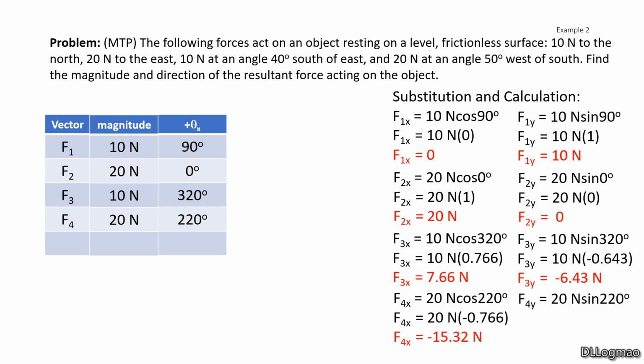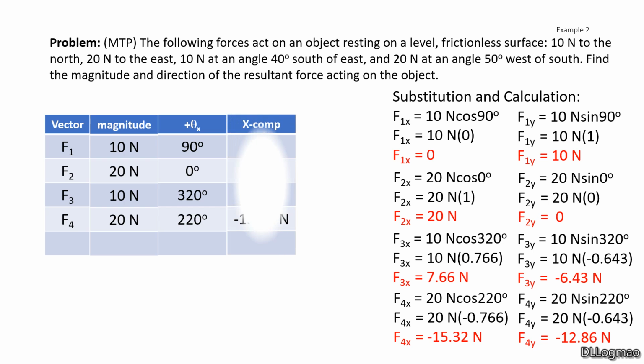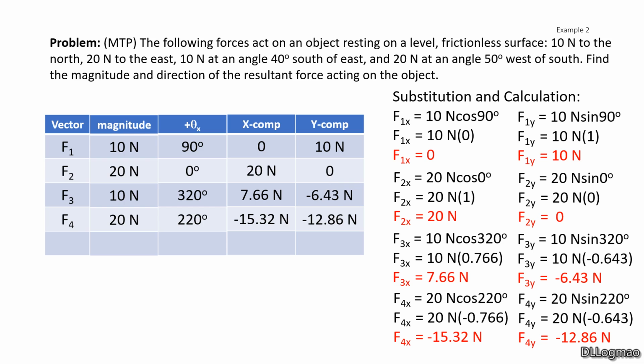And the y component is negative 12.86. Write the values of x components obtained on the table. And write the values of y components obtained on the table.